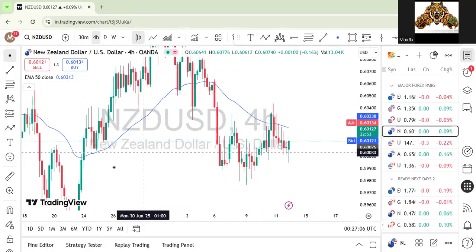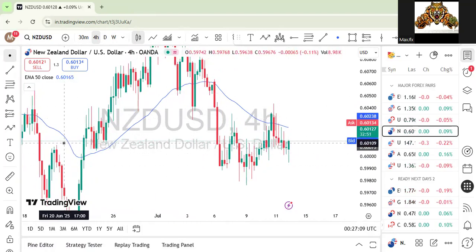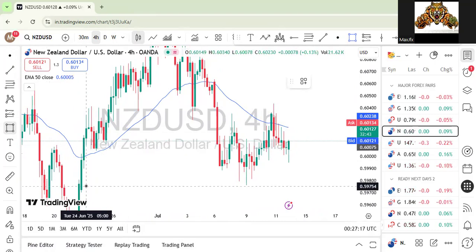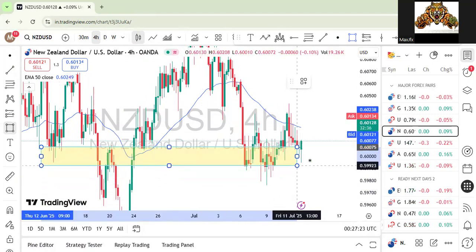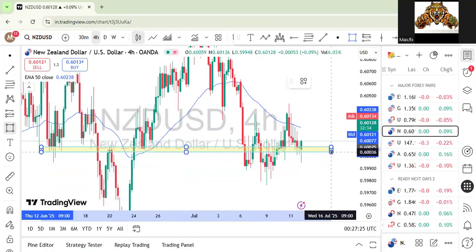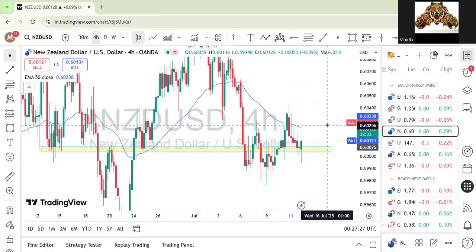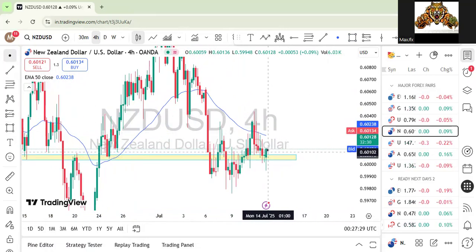It's looking very promising for me. So just as it has done, I would have entered right here, like the way it has done. It's looking very, very promising for me.